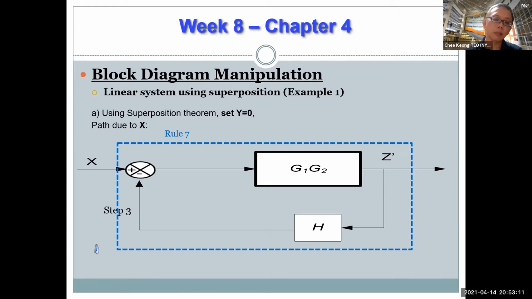So basically, just now you have G1, G2 with the summing node in between removed, so you can combine them together by multiplying G1, G2 together. So with that, you have a forward gain and a feedback gain. So they basically just form a negative feedback loop, right, with minus here. So you can use the rule 7 to simplify this G over 1 plus GH, right?